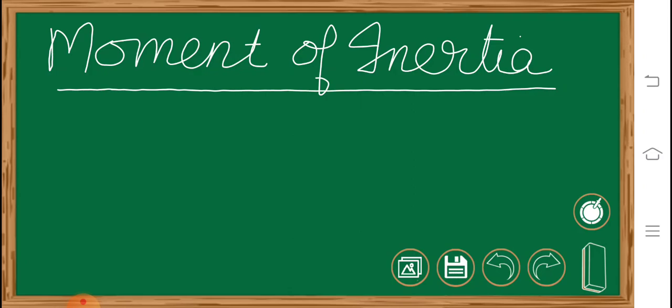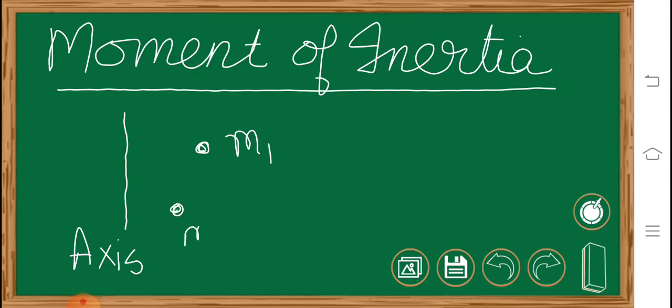Suppose this is an axis of rotation and this is one particle having mass m1 and suppose there is another particle having mass m2. So what we do is we find the perpendicular distance of this mass m1 from the axis.